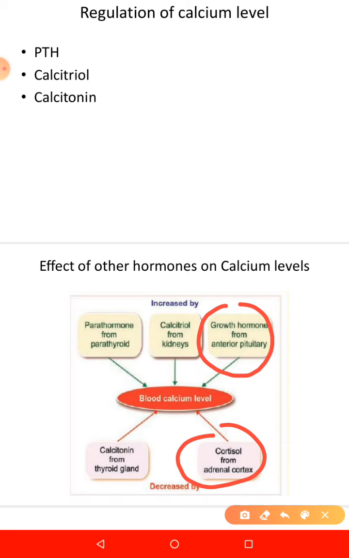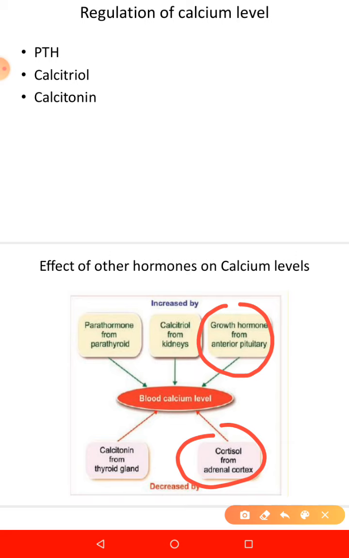That's why hypersecretion of growth hormone is associated with hypercalcemia. So growth hormone increases the blood calcium levels by increasing the intestinal absorption of calcium. It is also suggested that it increases the urinary excretion of calcium. However, this action is not very significant.